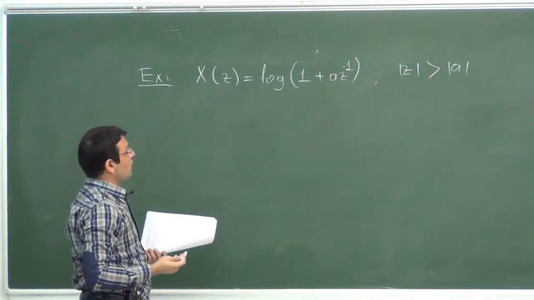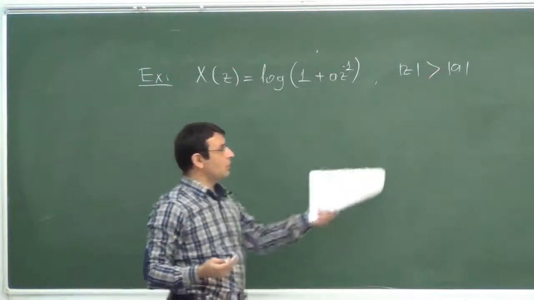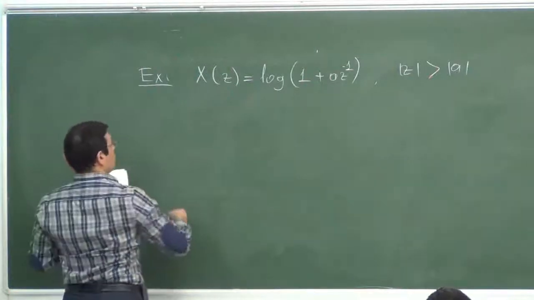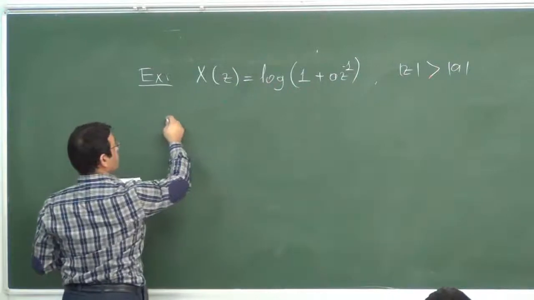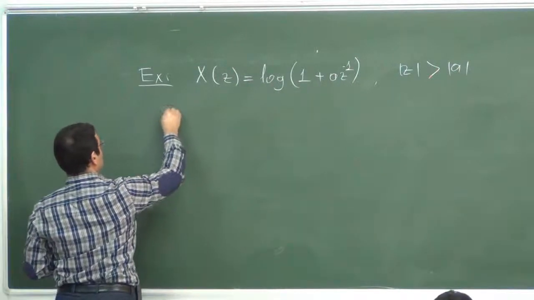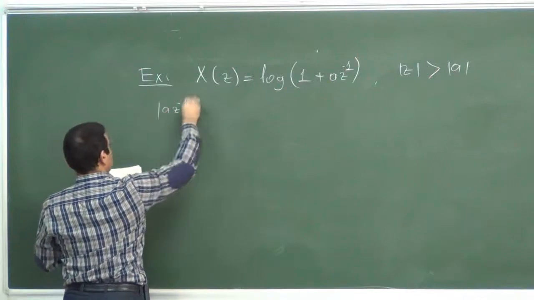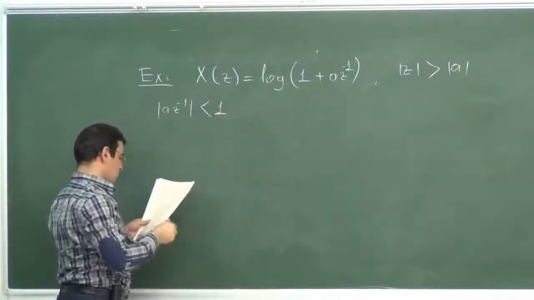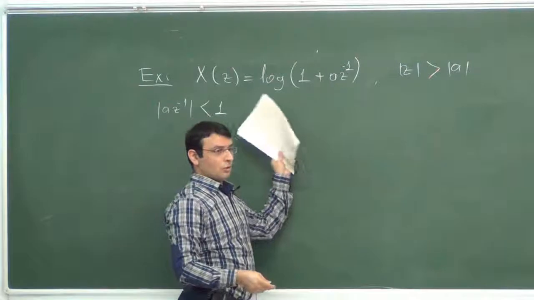So how can we find the inverse Fourier transform of this expression? It is not so easy. Can we write the polynomials in this case? It is possible, because since the region of convergence is this, and since this is right-sided, the magnitude of a z to the minus 1 is less than 1. So in this case you can find the power series expansion of this logarithm term.